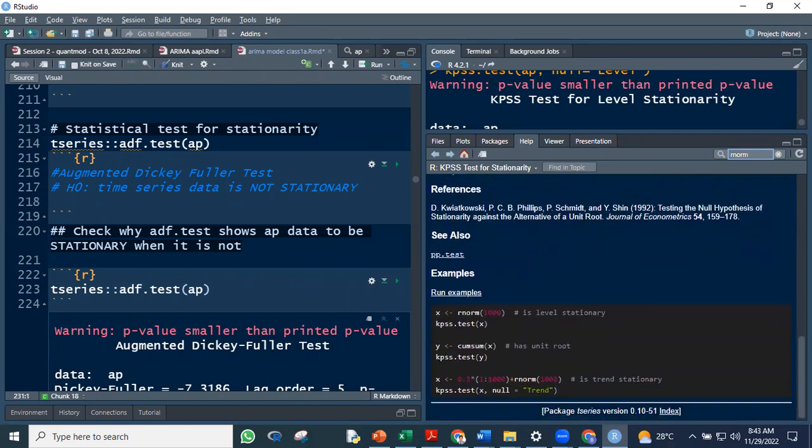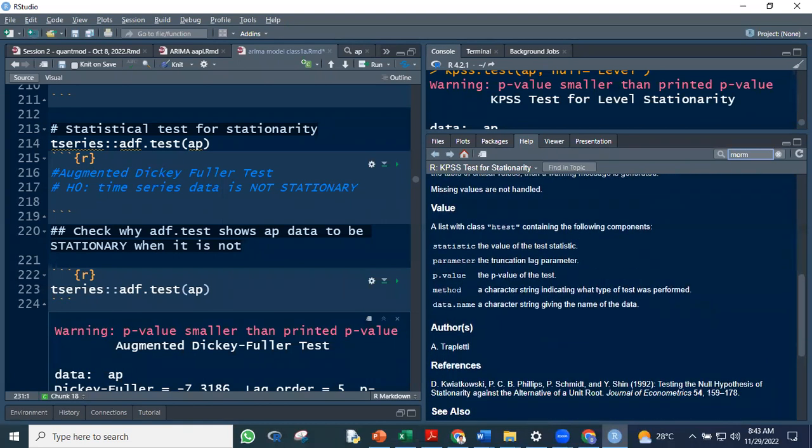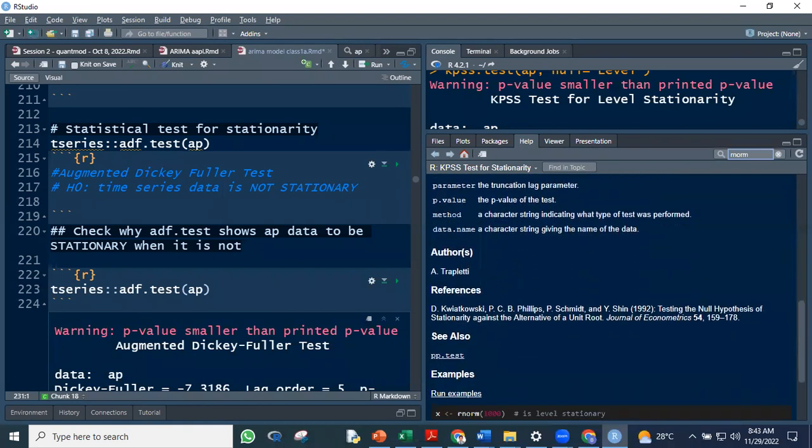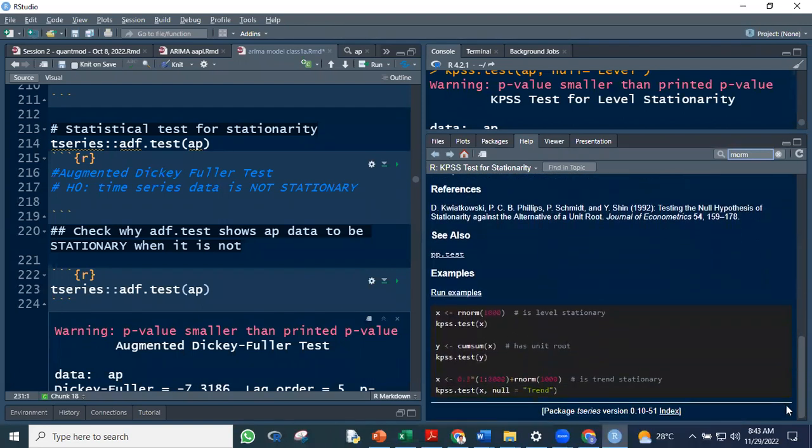So ang level is the default. Okay, ano sinasabi niya dito? Level stationary.